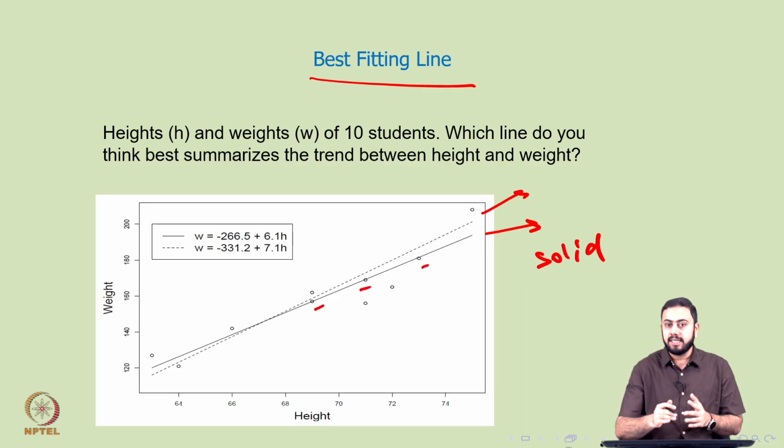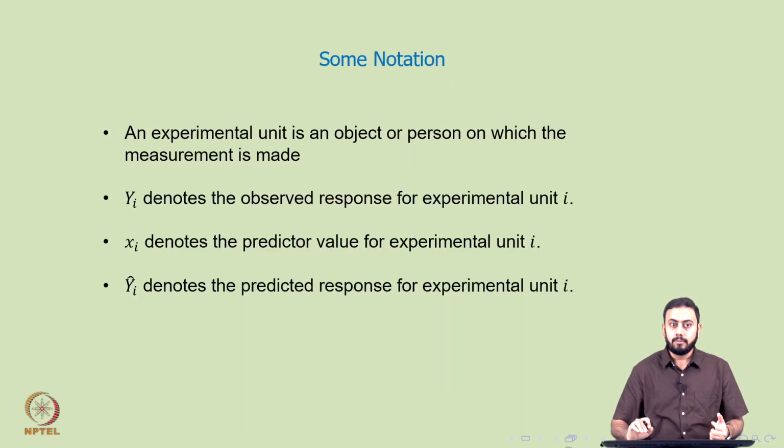So if you compare the dashed line with the solid line, I personally think that the solid line is slightly closer to all the data points, or is more evenly placed among all the data points, as compared to the dashed line. Okay. And down the line very soon we will see that we can mathematically prove this idea as well.